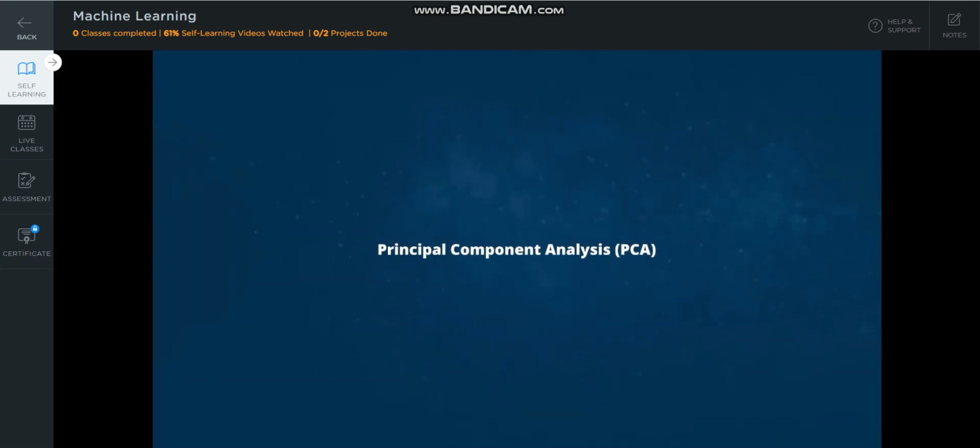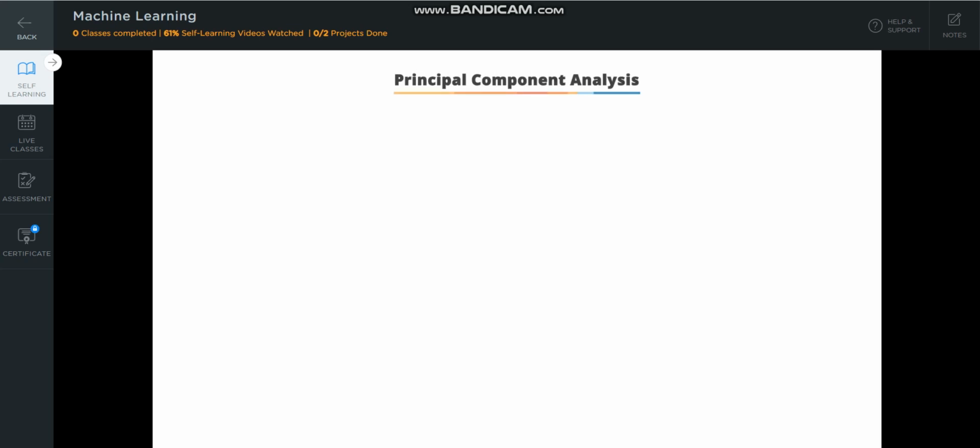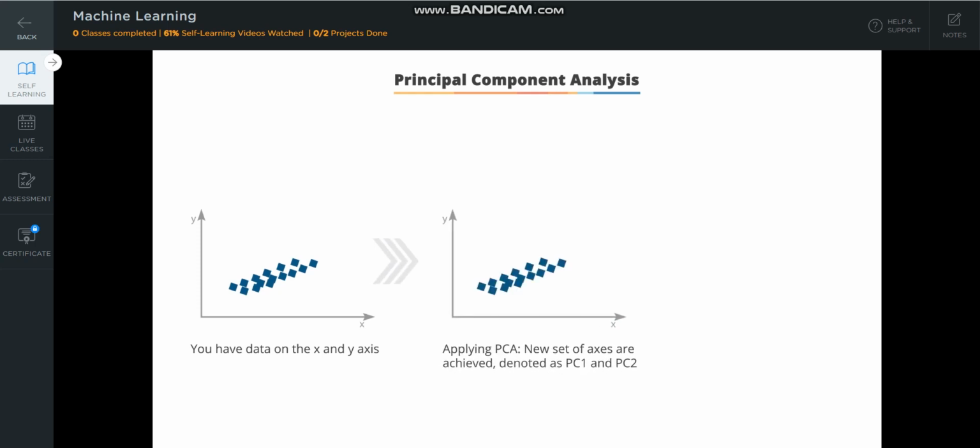Principal Component Analysis, PCA. Let's look more closely at principal component analysis. Here is a scatter plot of data points plotted over X and Y axes, such that each dot shows one particular observation. Applying PCA over the data points will yield a new set of axes, say PC1 and PC2, such that they cover the maximum information.